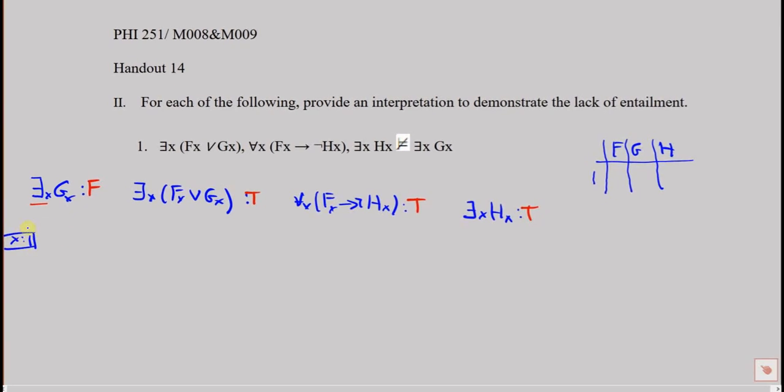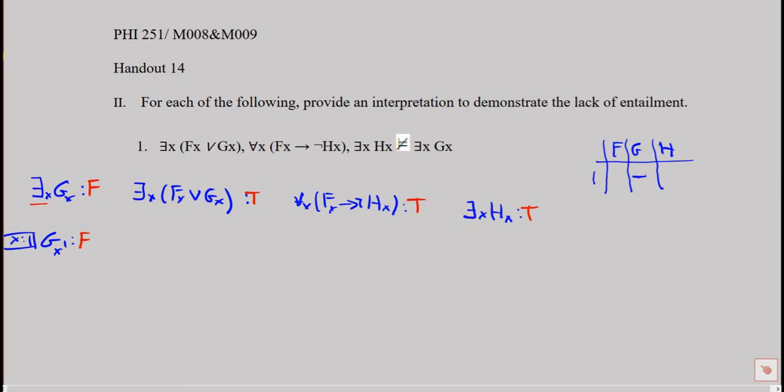So we need to make sure that Gx1 is false. How can we do that? Well, very simple. Just make sure that 1 is not in the extension of G. So we put a minus here. And that makes the conclusion false at this point because there is nothing that satisfies Gx. Okay, let's move to the premises.